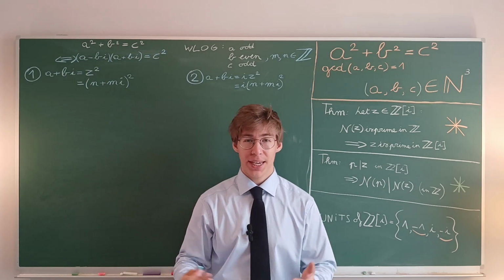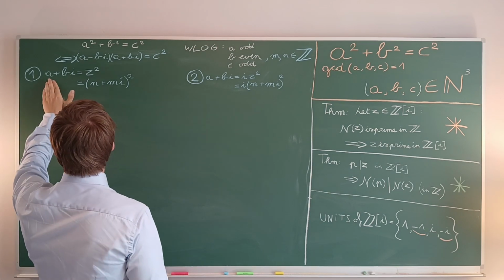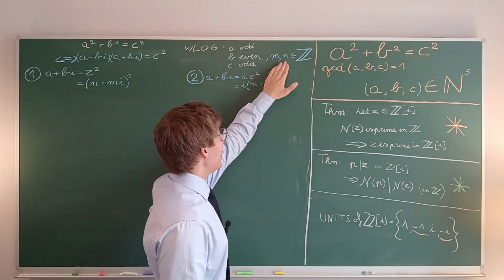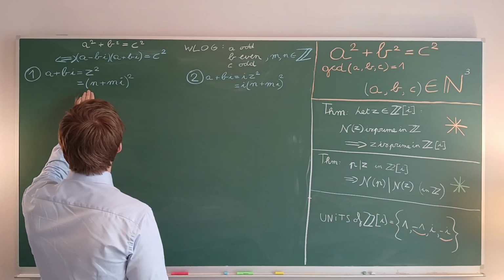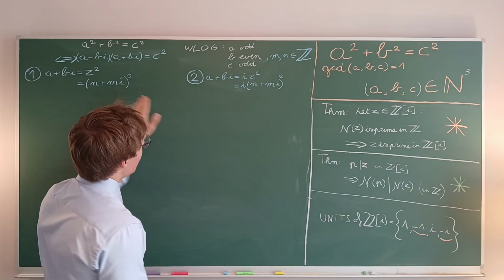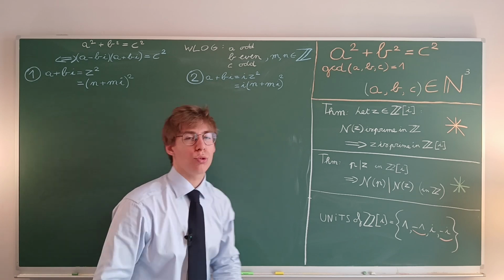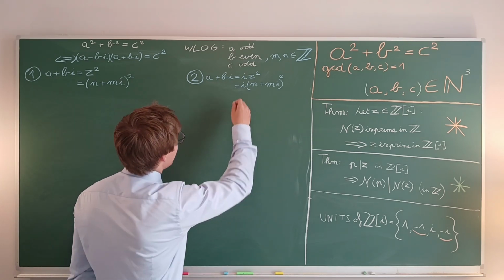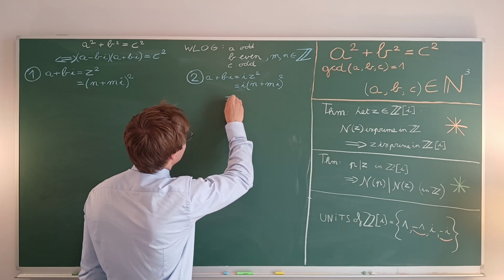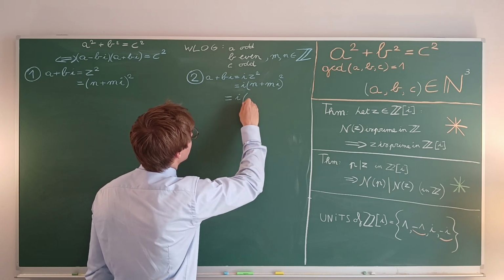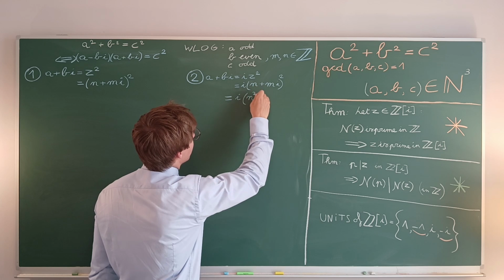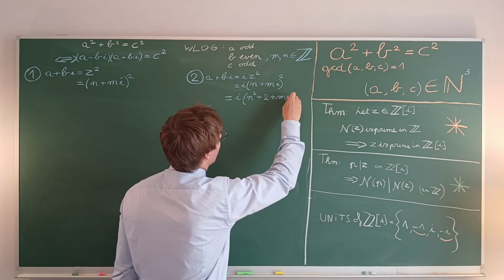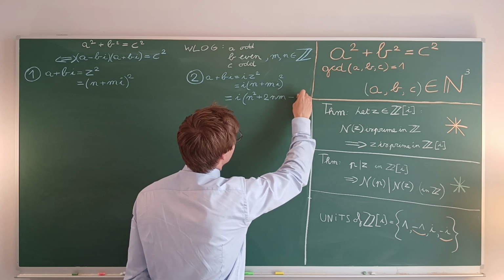So these are the two cases. Either a plus bi is equal to z squared, and if we take m and n integers, then this would be n plus mi squared, or a plus bi is equal to i times z squared. Let's start with the second case. This would mean that this is equal to i times n squared plus 2nm minus m squared.